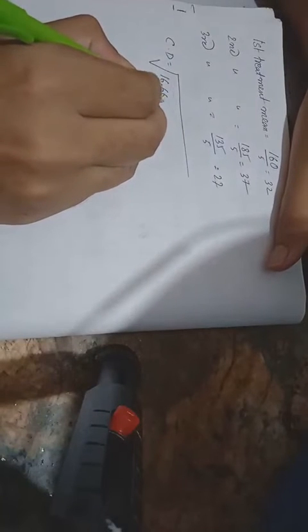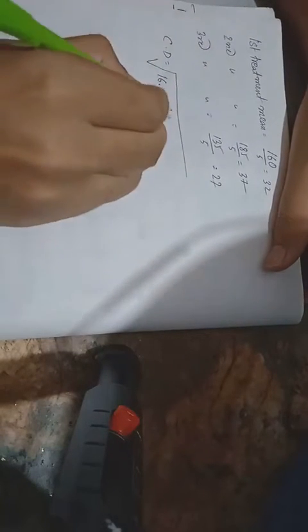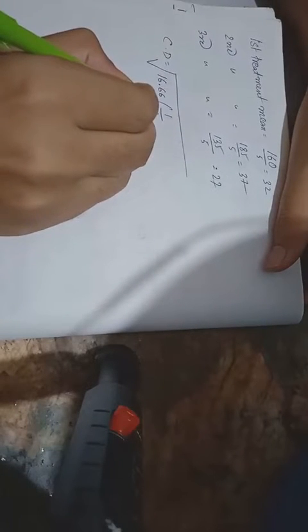Now what is our critical difference here? Our critical difference is root over of MSE. The MSE value we have got as 16.66 into 1 by Ni and 1 by Ni dash.